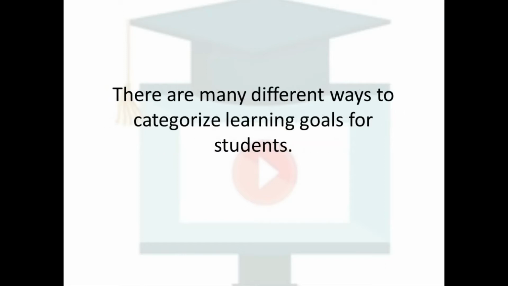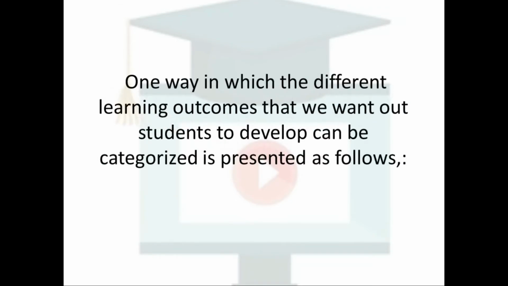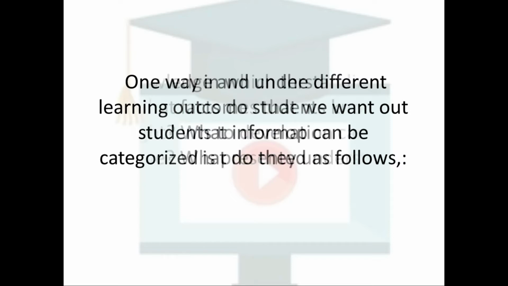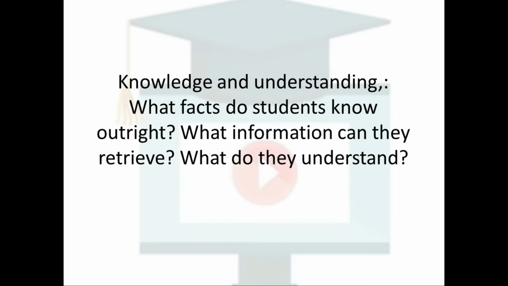There are many different ways to categorize learning goals for students. One way in which the different learning outcomes that we want our students to develop can be categorized is presented as follows: knowledge and understanding. What facts do students know outright?